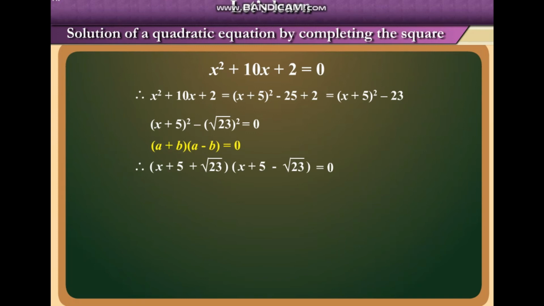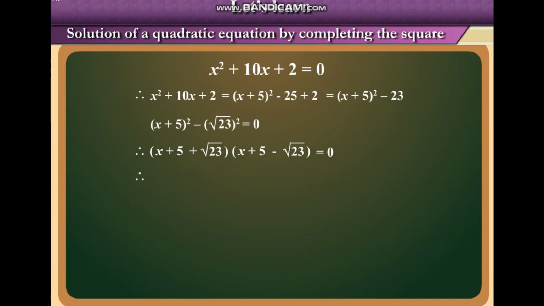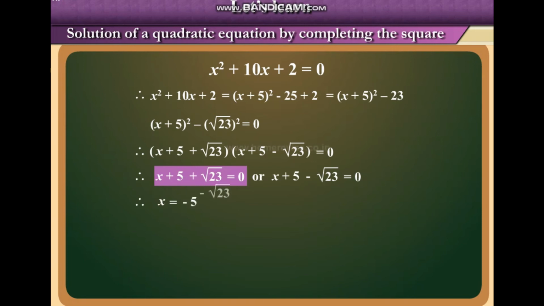Therefore, (x + 5 + √23)(x + 5 − √23) = 0. Therefore, x + 5 + √23 = 0 or x + 5 − √23 = 0. Therefore, x = −5 − √23 or x = −5 + √23.